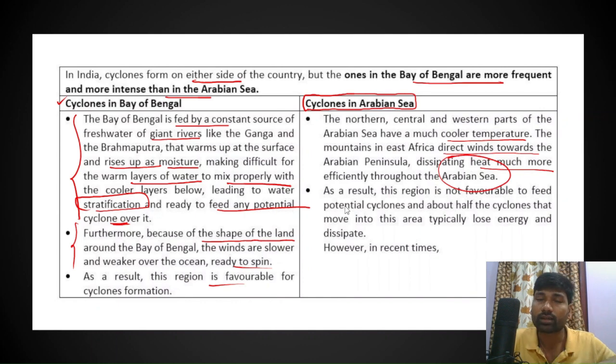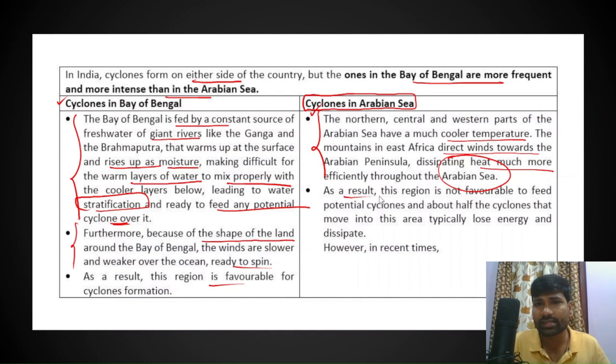Heat is disseminated throughout the Arabian Sea, which essentially means heat is not concentrated at one single point, and high sea surface temperatures are very important for the formation of cyclones. This is one reason which makes the Arabian Sea uncommon for the formation of cyclones.